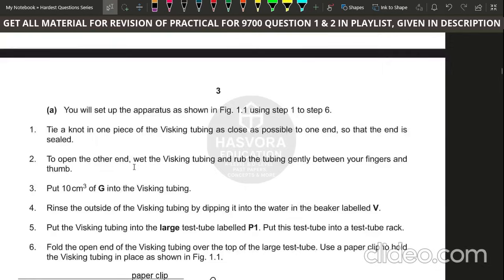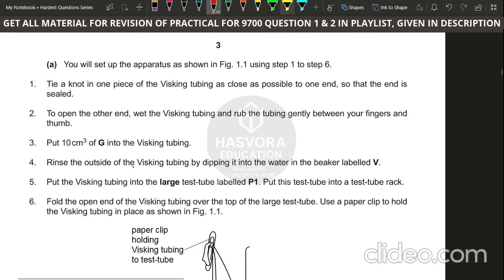Now you will set up the apparatus as shown in figure 1.1 using step 1 to step 6. Tie a knot in one piece of whisking tubing as close as possible to the end. The whisking tubing looks something like this, and you just have to tie a knot here, so one of the ends is closed.